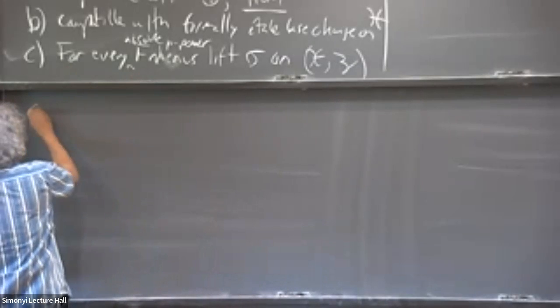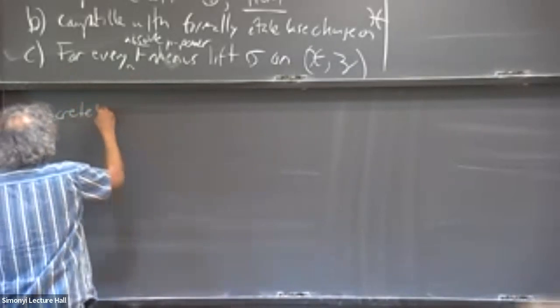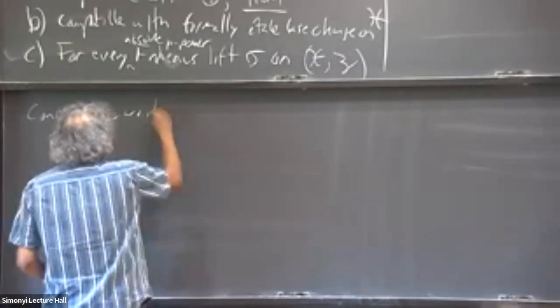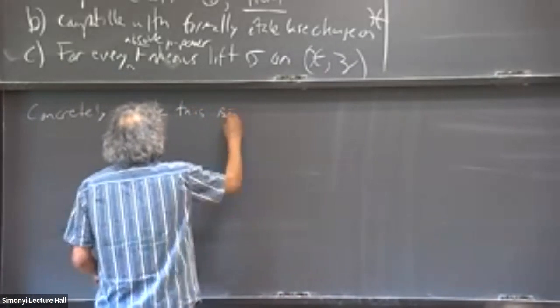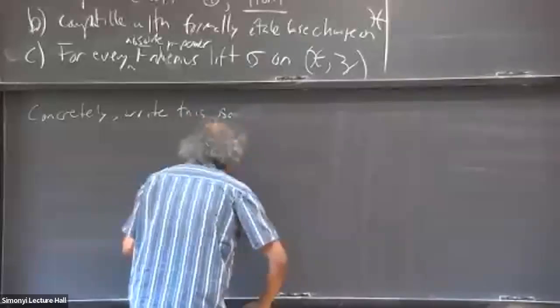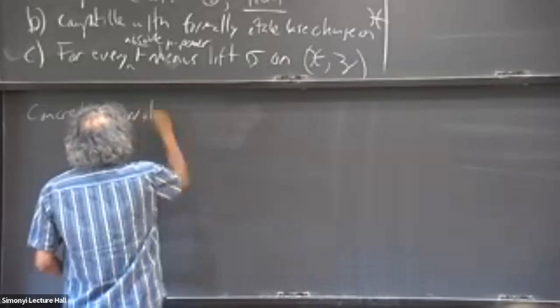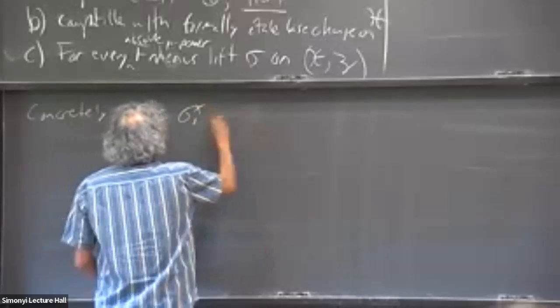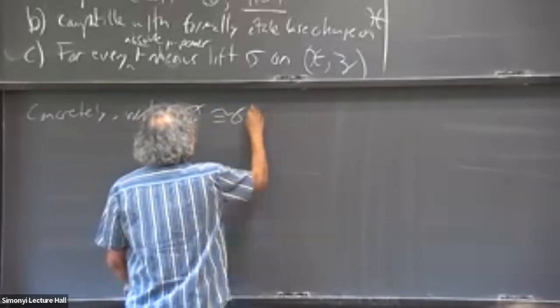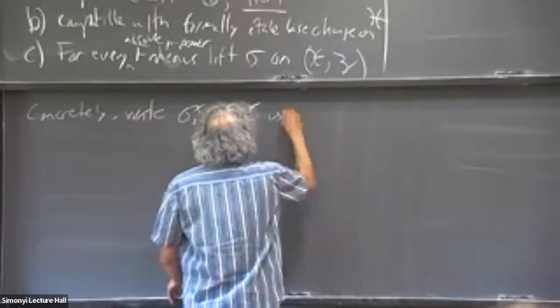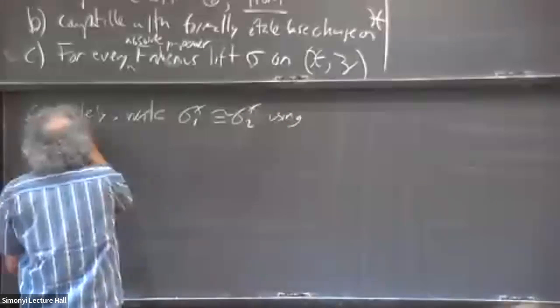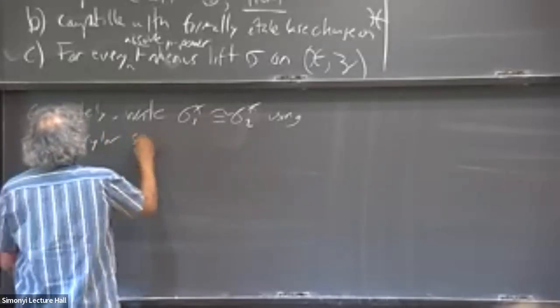Concretely, let me write this isomorphism down. I'm claiming this natural isomorphism between the sigma 1 pullback and the sigma 2 pullback. Write this down using Taylor series.